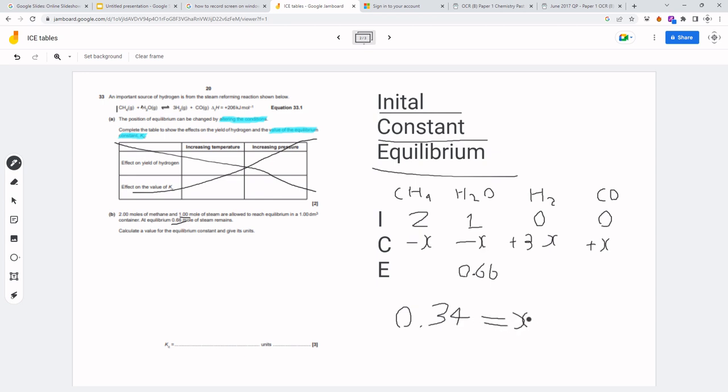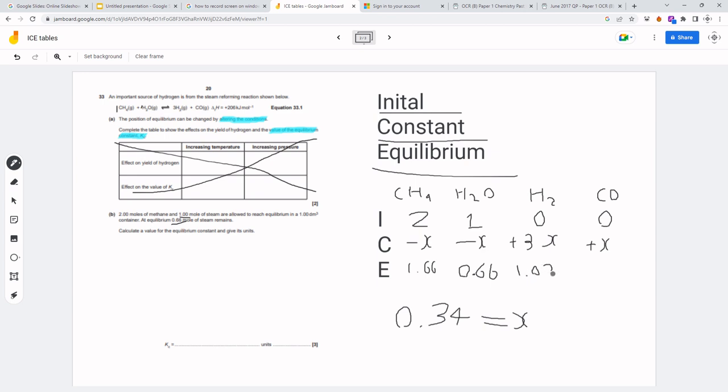And so using that, I'm sure you can quickly go through now and solve for the remaining values that we need. So methane, 1.66. H2 is 3 times 0.34, which, having shoved that into my calculator, is 1.02.